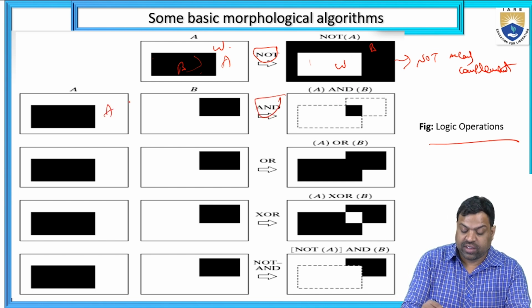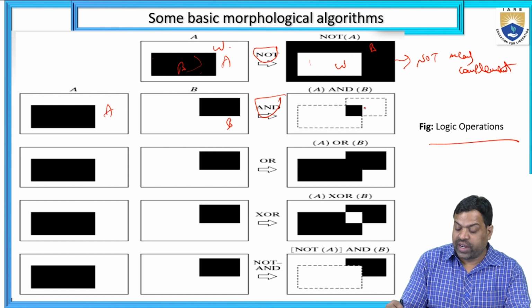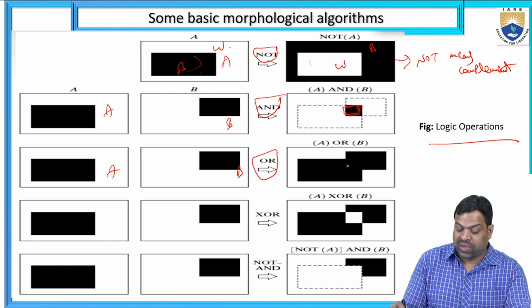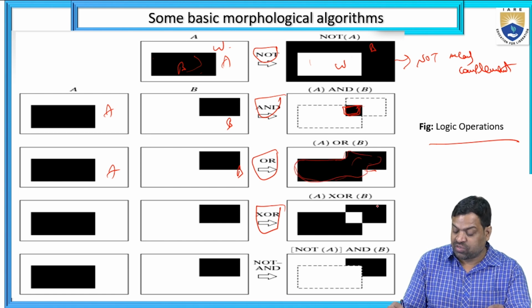And A AND B: here it is A and here it is B. What is the common thing of A and B? That is the common part. Then A OR B: if I join both of these, what is the shape? Joining is black color, disjoining is white color. XOR means exactly opposite, because where it is black I replace it with white.